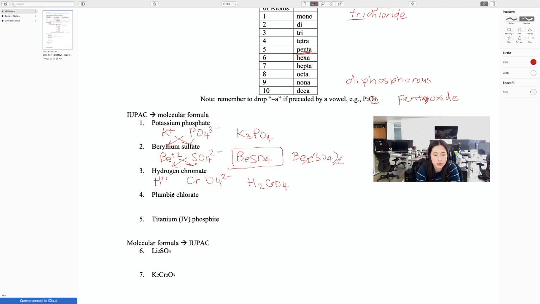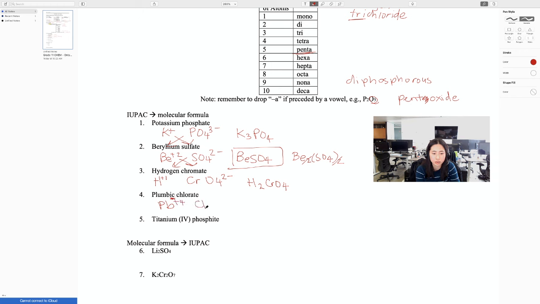Now moving on to plumbic chlorate. Okay, so here's the thing. You have your suffix IC. That means it's a multivalent metal. So we know that plumbic is actually lead, right? So lead is Pb. You can have a +2 or +4 charge for lead, but because it's taking the suffix IC, that means it must carry a charge of +4, which is the higher charge.